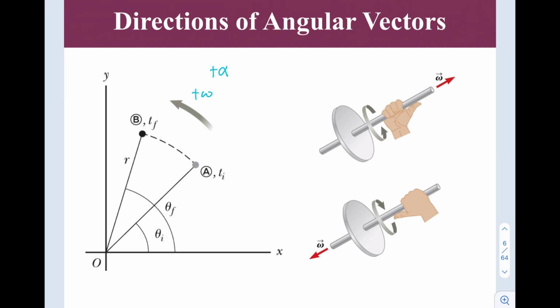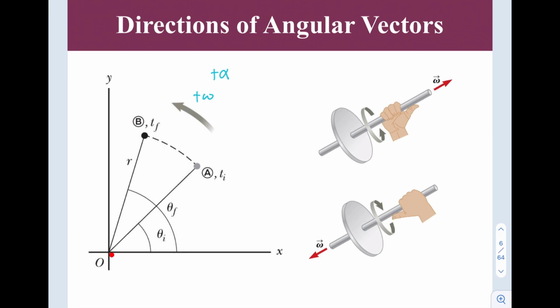Actually, this is in terms of 2D, where we consider x and y. The direction of omega and alpha is not within the x and y axis or plane. It's actually on the third dimension, which is on z.